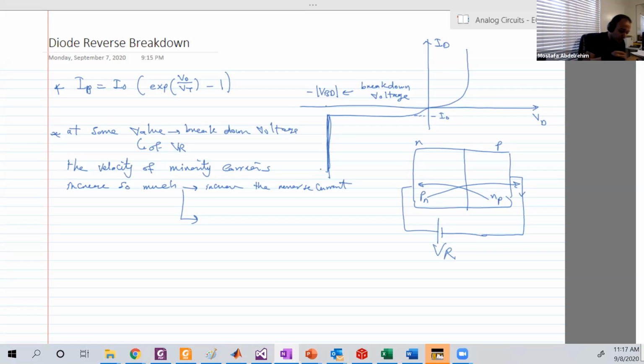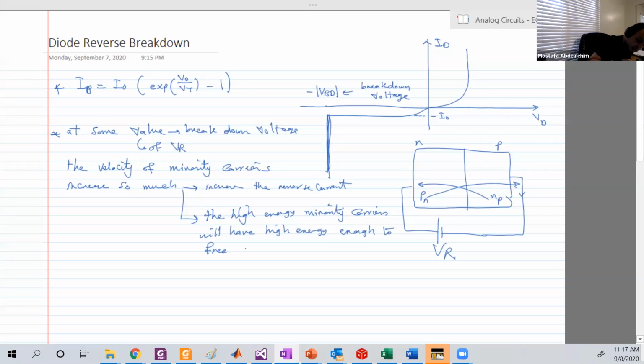So we increase not just the velocity of the carriers, but also their number. The high energy minority carriers will have high energy enough to free other carriers from the atoms they hit. And if it hits an atom and frees one electron, there will be a hole, so carriers.